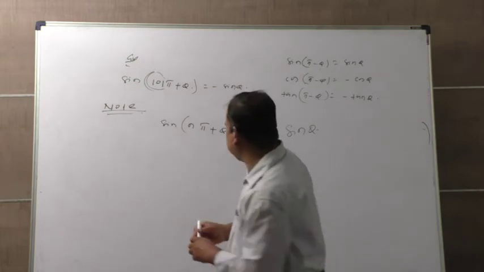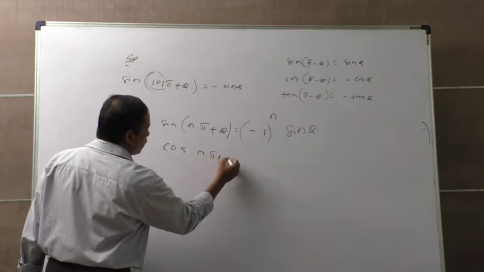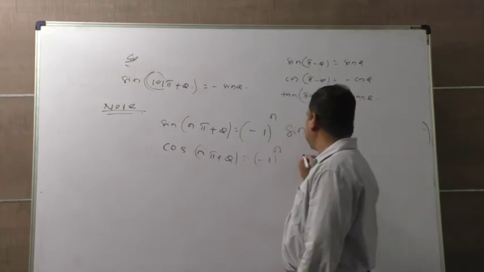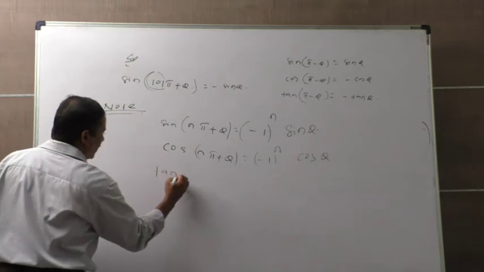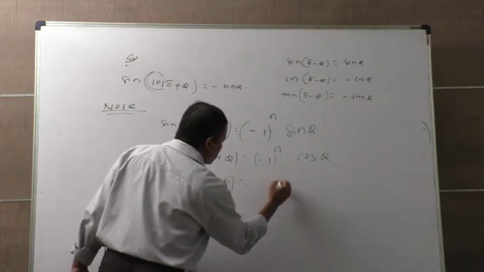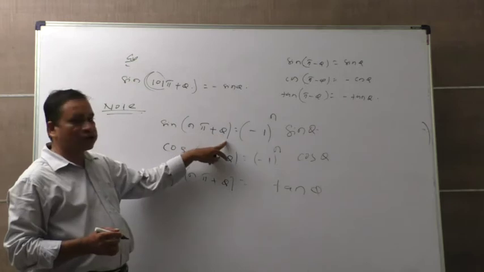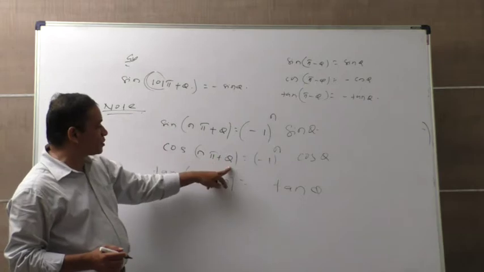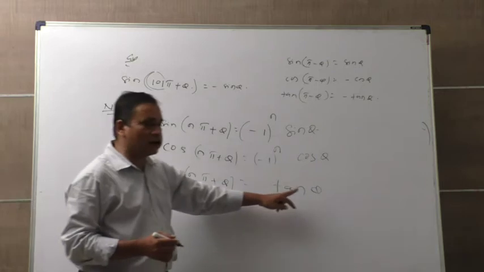Cos(n pi plus theta) is minus 1 to the power n times cos theta. Tan(n pi plus theta) is always tan theta.